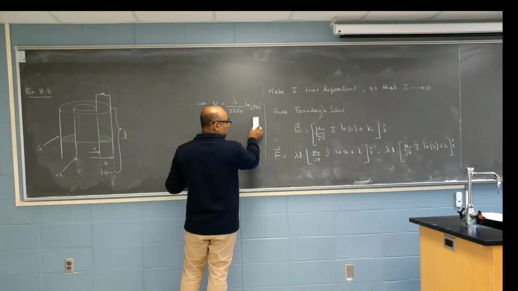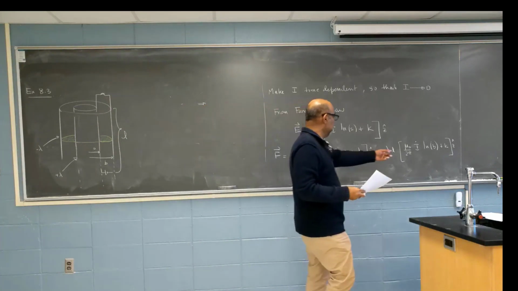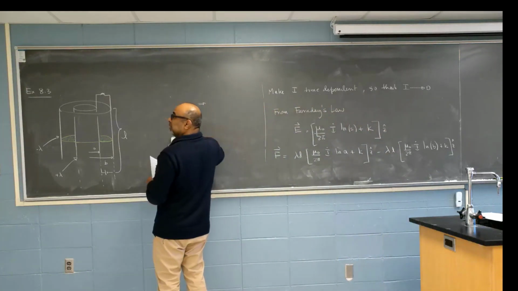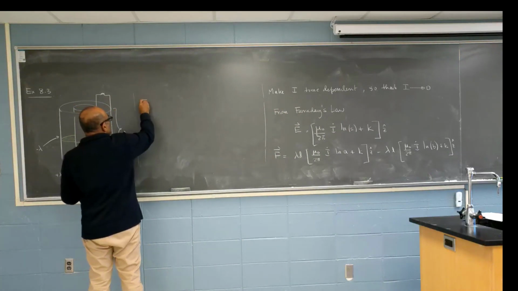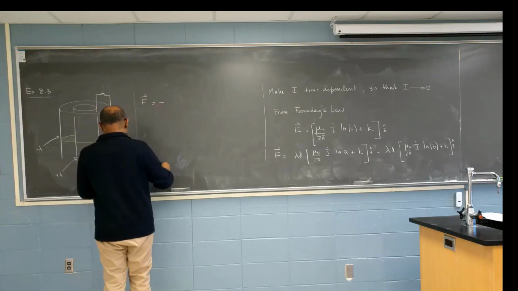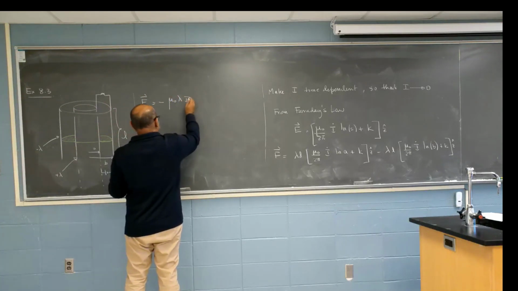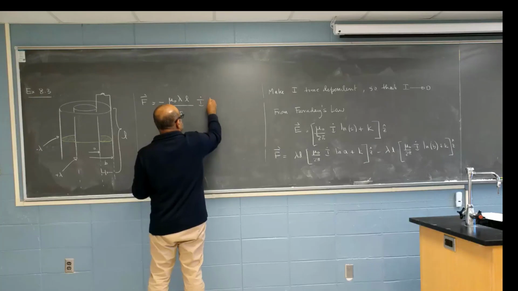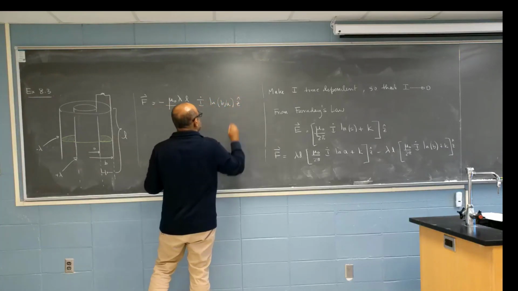In fact, the constant term goes away and this becomes a natural log of B over A. I get that my force is equal to minus mu 0 lambda L over 2 pi, I dot, natural log of B over A, z hat.